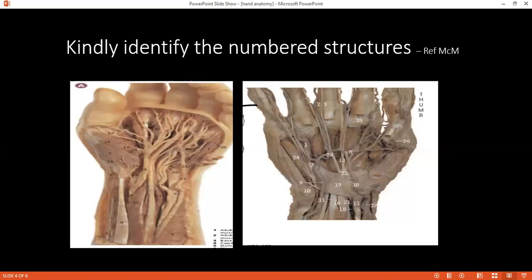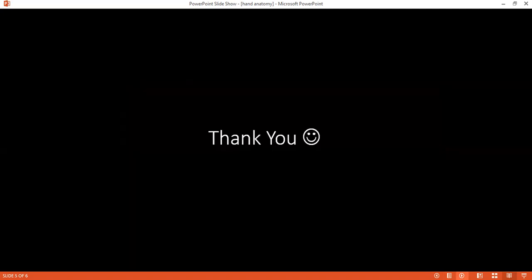If someone says the movements of the hand are not the same as the movements of the thumb, is the statement true or false? That's true.